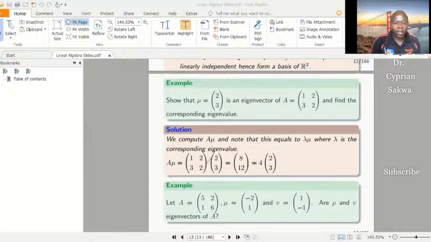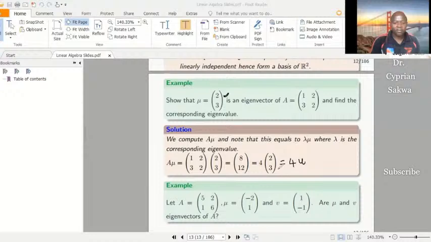And we can think of how to factorize this one. And you can see it has been factorized. In fact, this is the same as 4 times mu. So that means that mu here is an eigenvector, and the corresponding eigenvalue is 4.